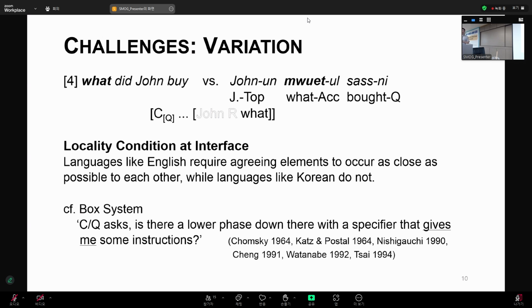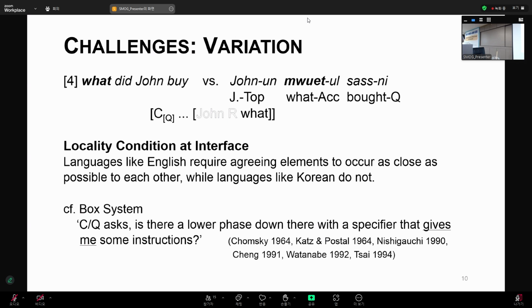And there are also WH ex-situ languages like English and lots of European languages. So the question is, how can I deal with the overt realization of the WH phrase in the specifier position if there's no internal merge in my system?